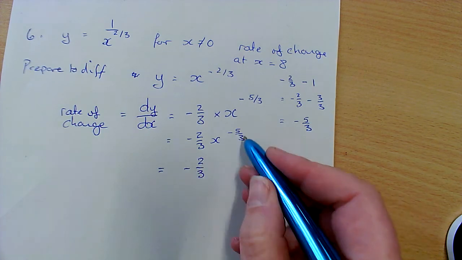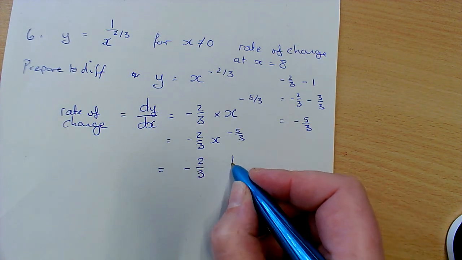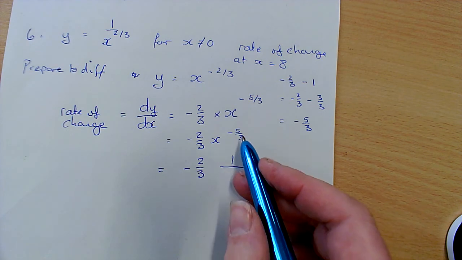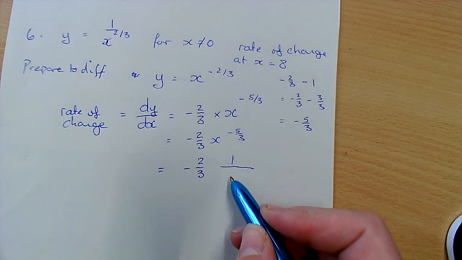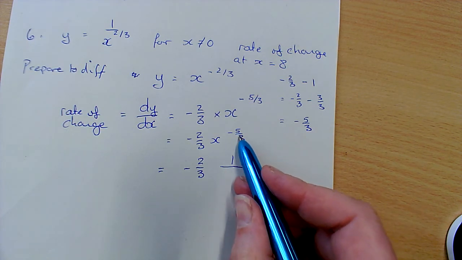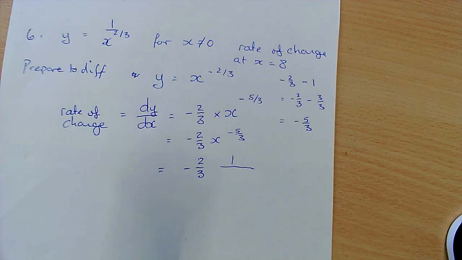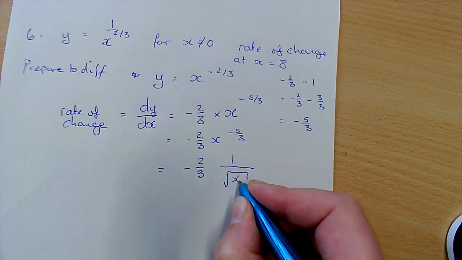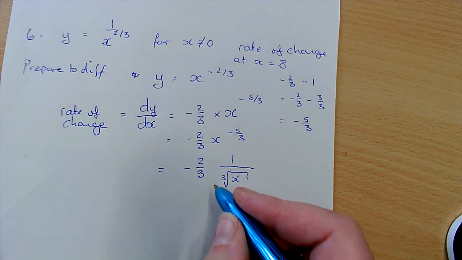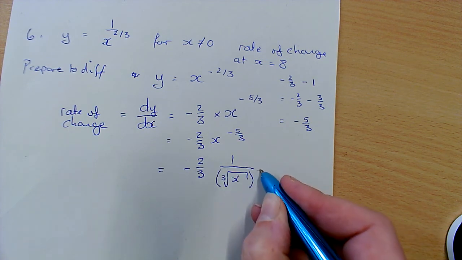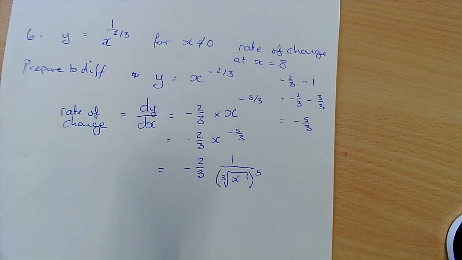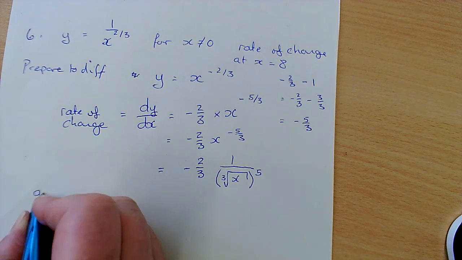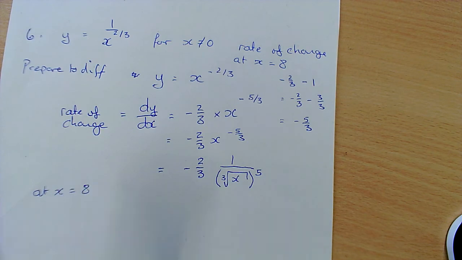So we know that a negative power means 1 over. So that would be x to the 5/3 down there. The bottom part of the fraction is the root, so it's the cube root of x. So there we are, cube root of x, and then to the power of 5. And that gives you the whole thing, but in a form that you're going to be able to work out when you substitute.